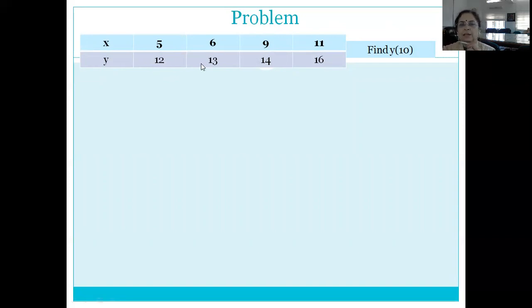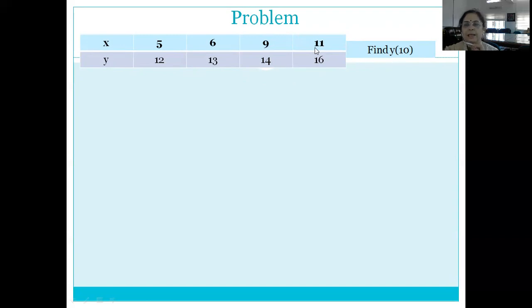Corresponding function values are given as 12, 13, 14, 16, and we are interested in calculating y of 10. Now, this x equal to 10 data point is not directly available in the given data table, but it is in the range of the x data points, which are from 5 to 11. So we call it interpolation.